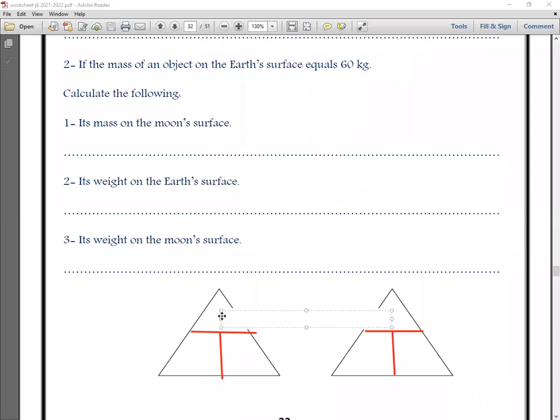Here weight on earth equals mass times 10, and also here weight on earth equals weight on moon times 6.